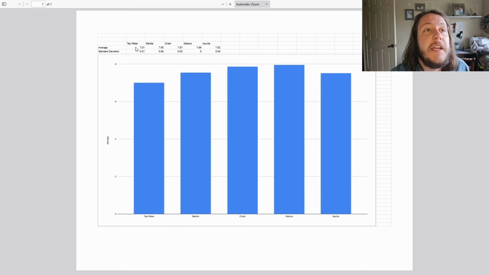The first being, if you look, all of the water that contained minerals in them buffered up to the pH that they're supposed to be at, basically. So for instance, chalk, we know limestone and calcium carbonate buffer up to a 7.9. And so no matter how much time we took, it still buffered up to that pH and kind of stayed there.